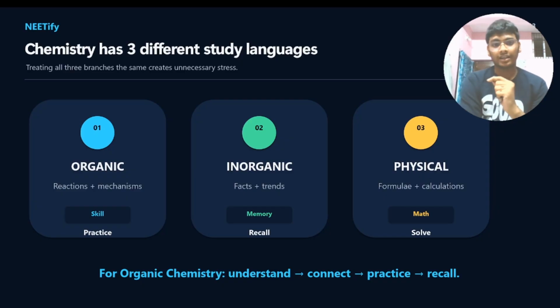Generally, chemistry has three branches: organic chemistry, inorganic chemistry, and physical chemistry. In organic chemistry we have reactions and mechanisms, whereas inorganic chemistry is totally fact based. Physical chemistry is with formulae and calculation, which involves math.